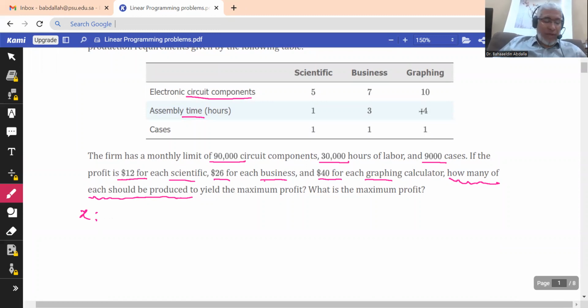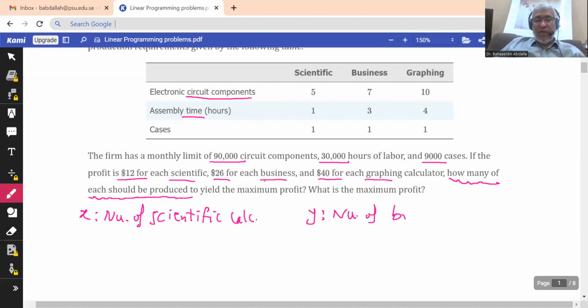So what would be X? It would be number of scientific calculators. Y, the other variable, would be number of business calculators. And Z, the third variable, would be number of graphing calculators.